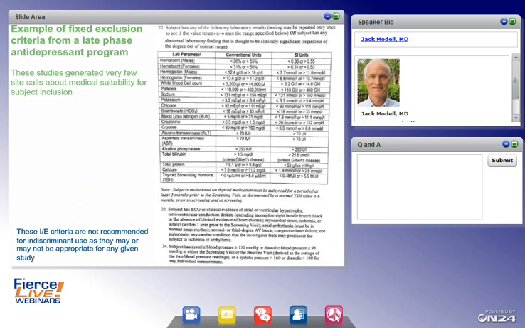This slide, it's hard for me to see. I hope it's not as hard as I think it is for you guys to see. But this is an example of fixed exclusion criteria that we use from a late phase antidepressant program. And I'm not going to go through all of this, but in the upper right, we basically showed a table that said if the subject has any of these lab results, the subject is not to be included.